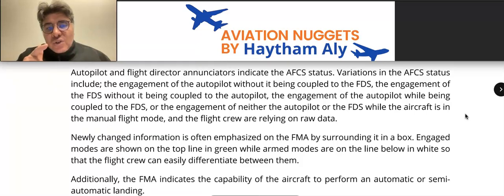Status of engaged or armed autopilot, flight director and auto thrust. And the aircraft lateral and vertical control modes and the auto thrust mode. Is it speed or thrust? Also may be indicated on the FMA, flight mode annunciator.